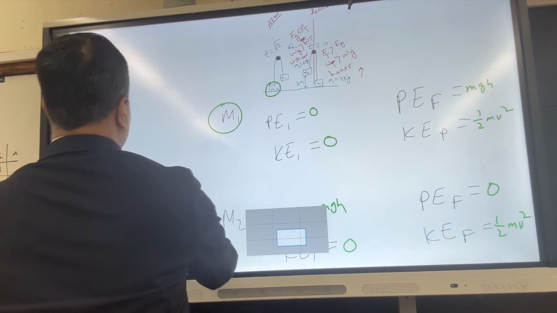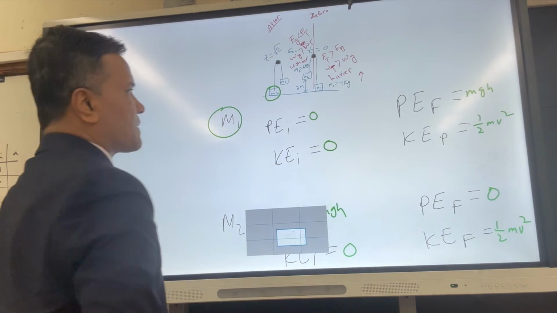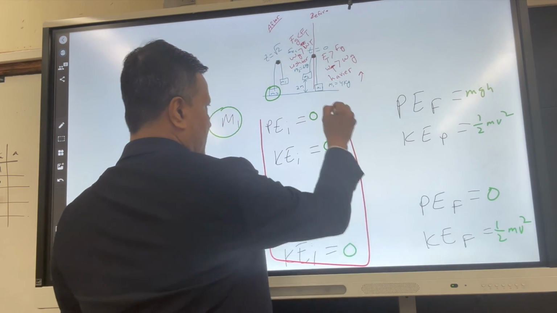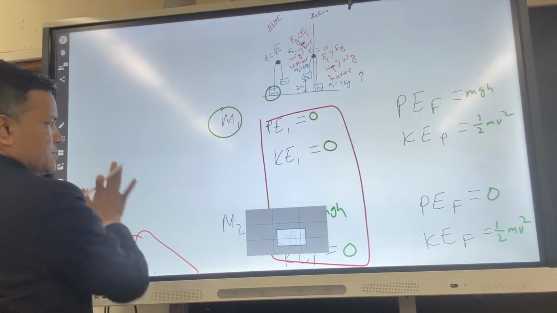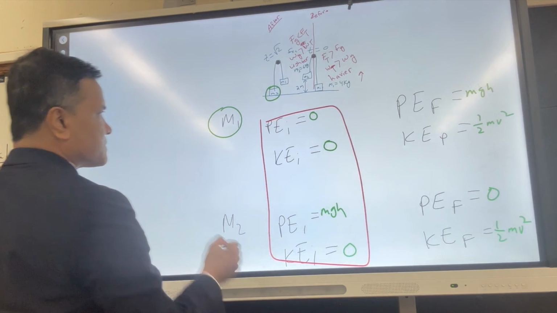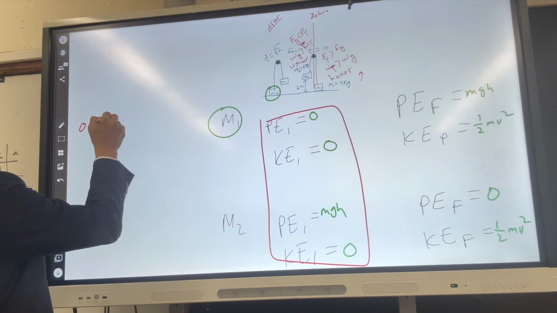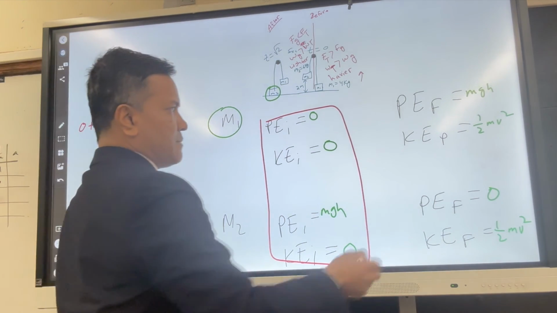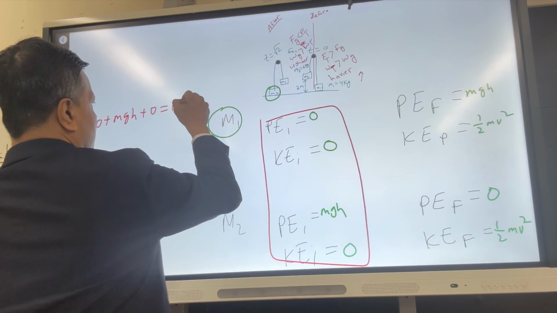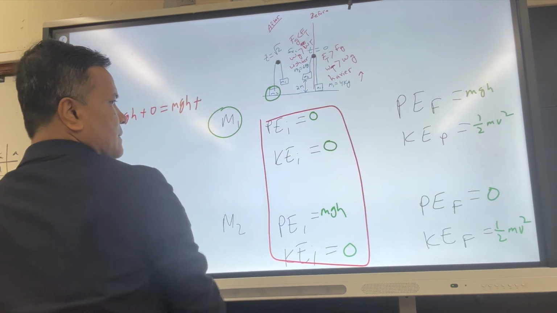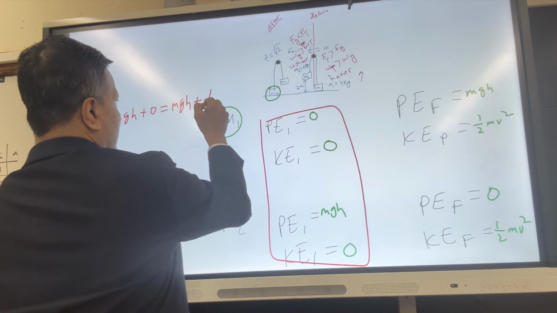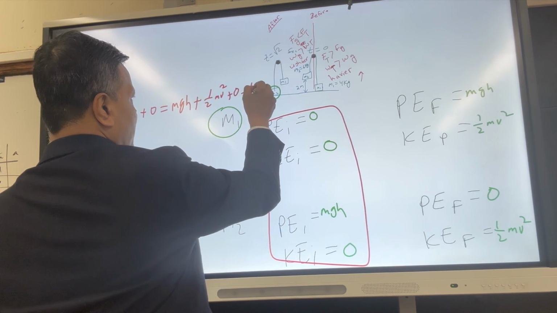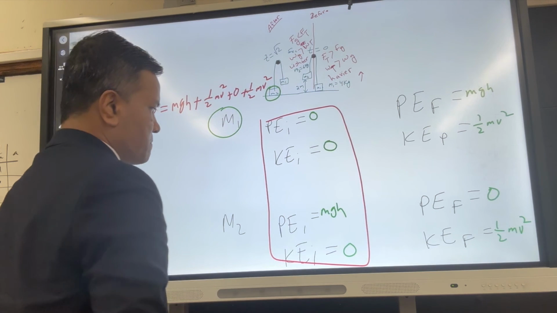Okay, so you're going to see magic. This and this, we're going to add. What is this? 0 plus 0, 0 plus 0 plus mgh plus 0 is equal to mgh plus half mv squared plus 0 plus half mv squared.